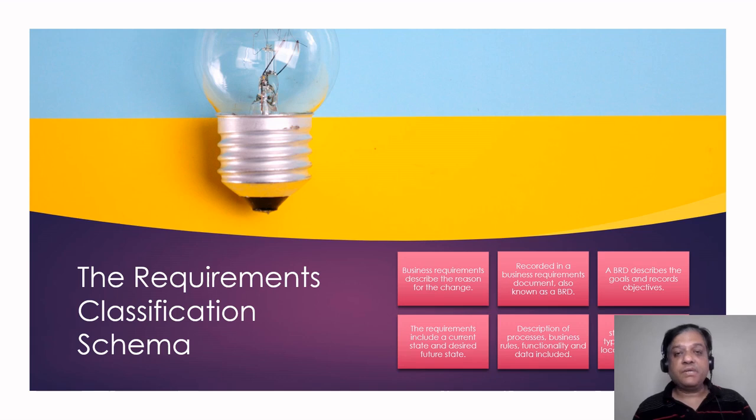And finally, business continuity, which describes how the area under change will operate. You might consider running the old system along with the new system. This is also called running in parallel, or perhaps there will be phased rollouts of the functionality to different departments.